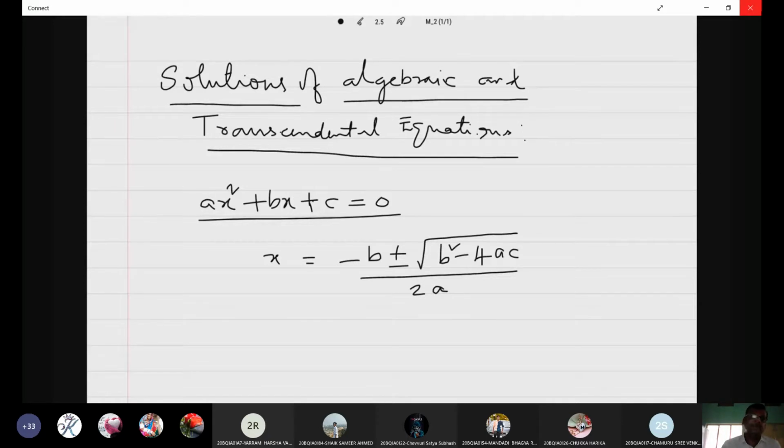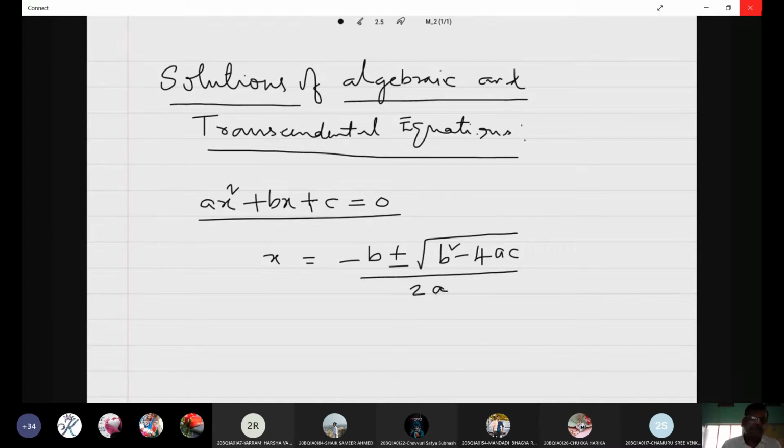We can find the exact solution for a quadratic equation easily, for a cubic equation to some extent it is possible, but more than that it is not so easy. Therefore, we are introducing the numerical methods.